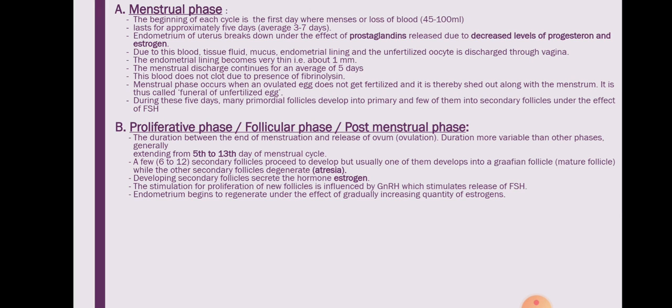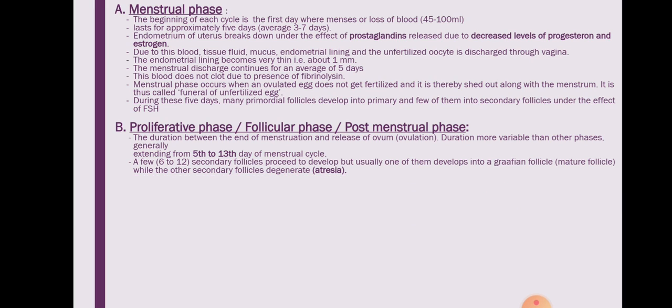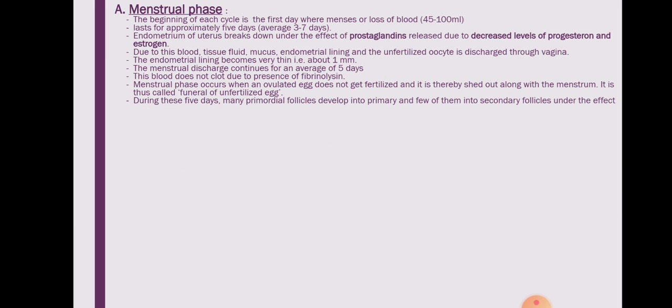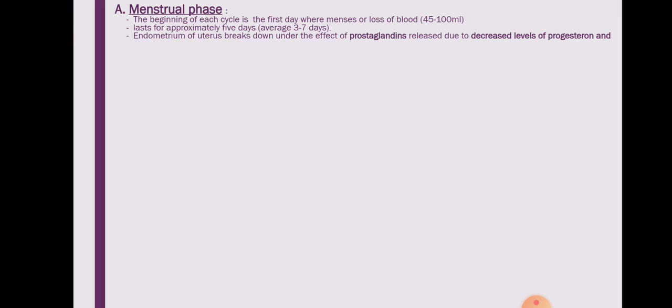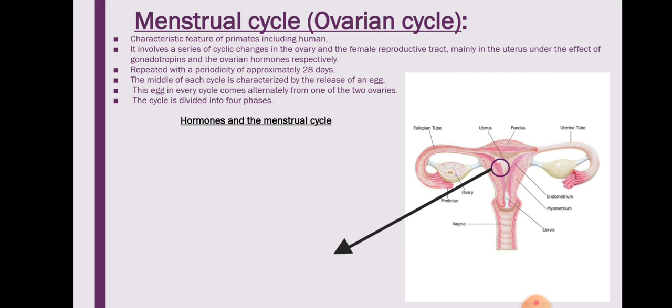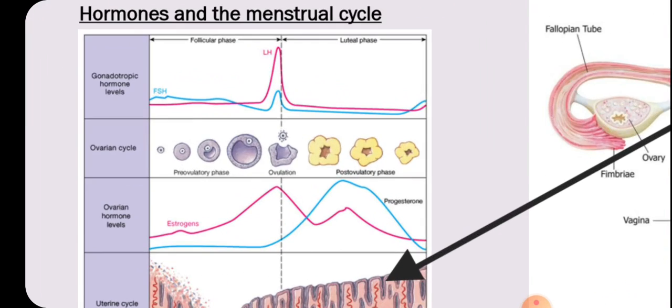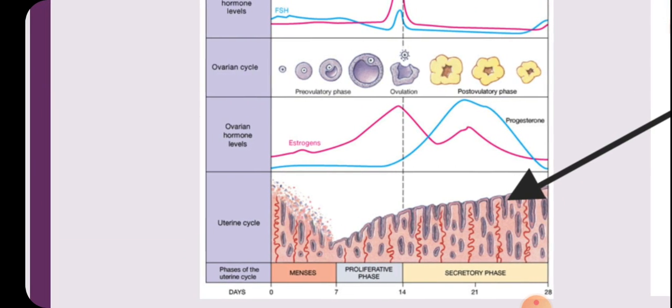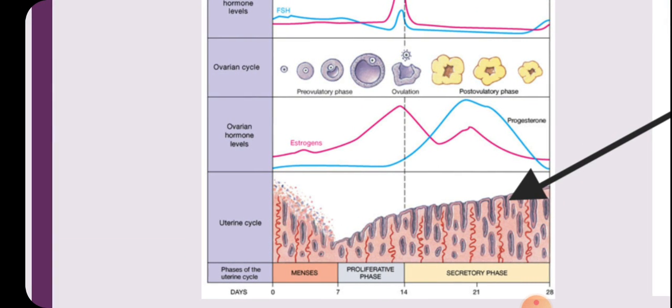This is called the proliferative phase because the endometrial wall starts to thicken. I'll go to the previous slides so that you will understand. See here, during this proliferative phase, the lost endometrial wall is regenerated.